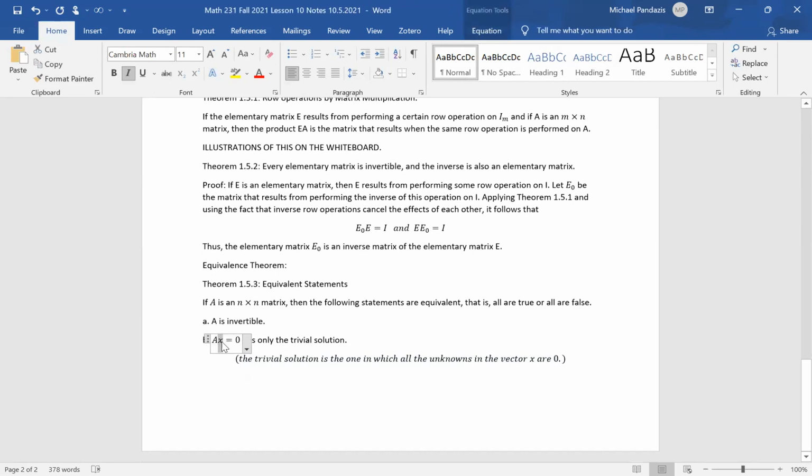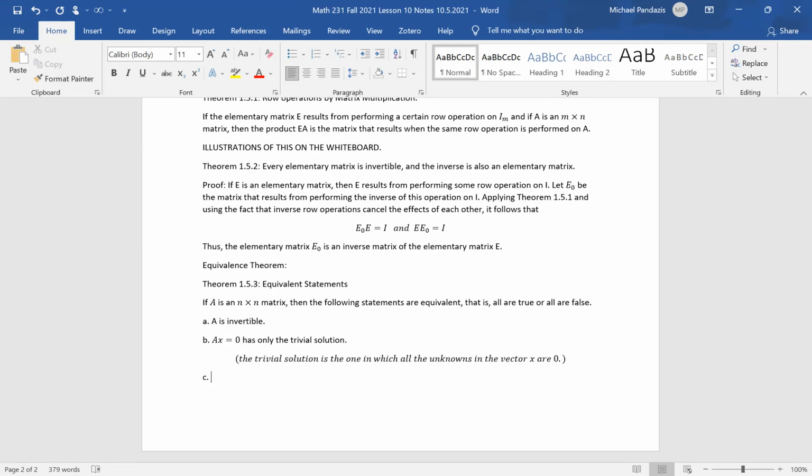So X is really a matrix consisting of a column of unknowns, and saying that it only has a trivial solution is saying that X as a column vector is the zero vector, meaning all the unknowns, all the entries of this matrix little x are zero. That's saying all the unknowns are zero. The trivial solution is where all the components of this vector X, all the entries in this matrix X, are zero. Okay. That's what it means by trivial solution.